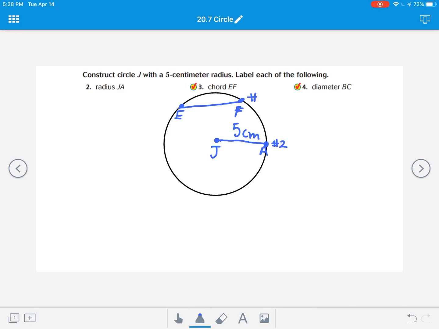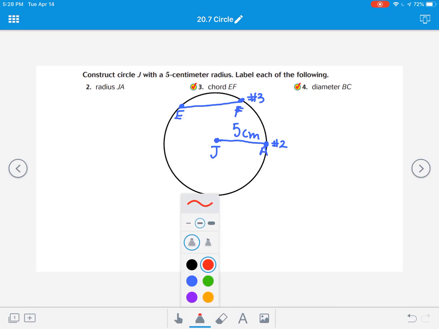This is number 3. And then for number 4, the diameter BC. Diameter is the line that stretches all the way across the center of the circle from one end to the other. So I'm going to do that now. Now I can continue out this way, but I'm going to show you why we shouldn't do that. So I'm going to draw in red.